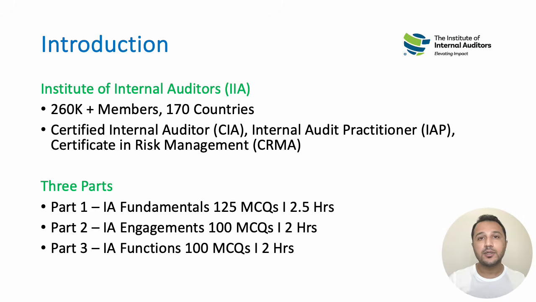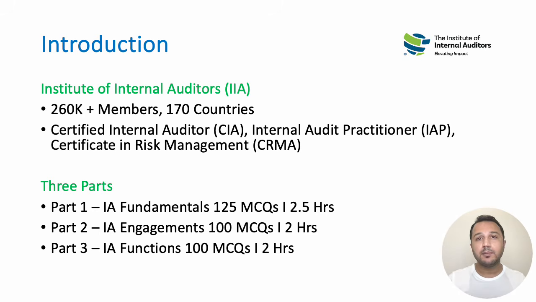Some of the leading professional qualifications which the institute offers are CIA, Certified Internal Auditor, IAP, Internal Audit Practitioner, and CRMA, Certificate in Risk Management Assurance. Previously there were a few more, but I'm glad that the institute has condensed them to three and is focusing on the core and main certifications.